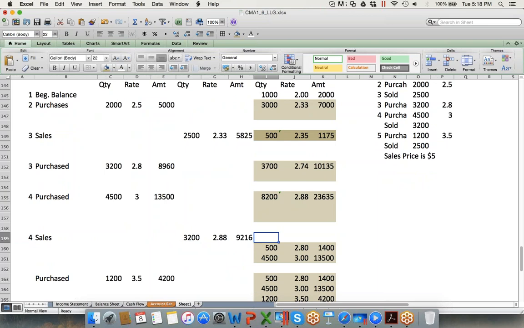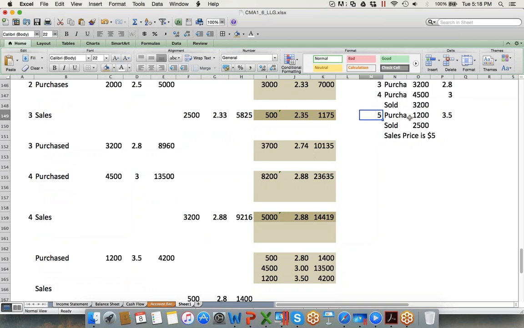Now deduct quantity from quantity, value from value, you will get almost the same price. Only some difference, there's no difference also. Sometimes you get some small difference. So this is the quantity I have here.